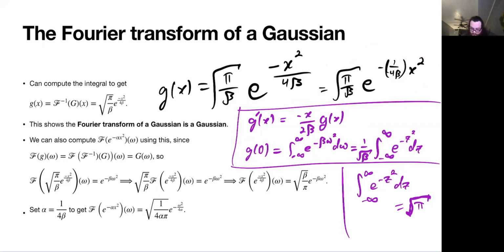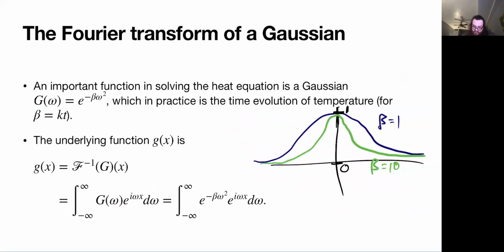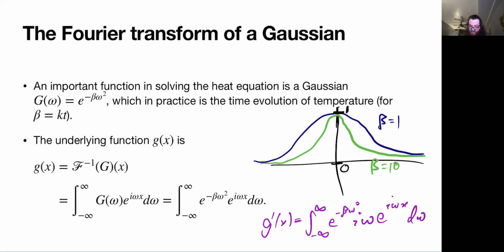Okay. So one question is, where do you get this differential equation from? If you go back here, take the derivative of this, you're going to end up with g prime of x. This is going to be what? Integral from minus infinity up to infinity, e to the minus beta omega squared times i omega e to the i omega x d omega, right?